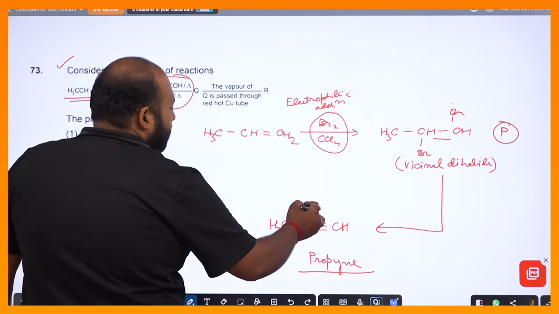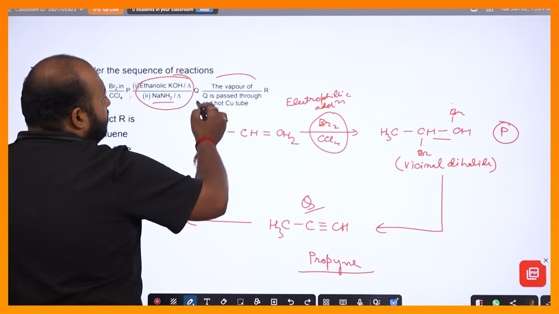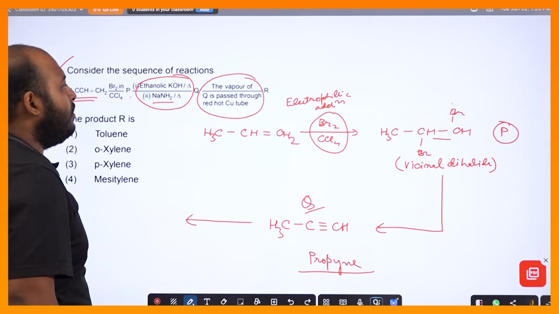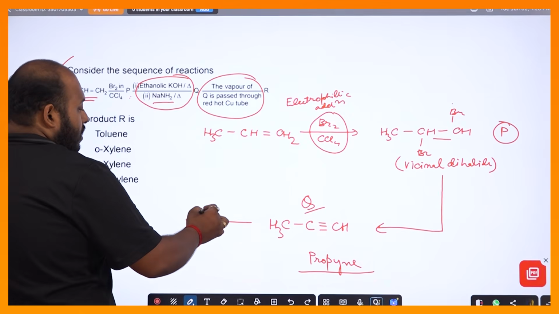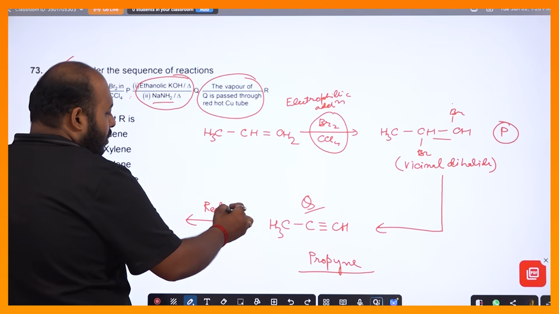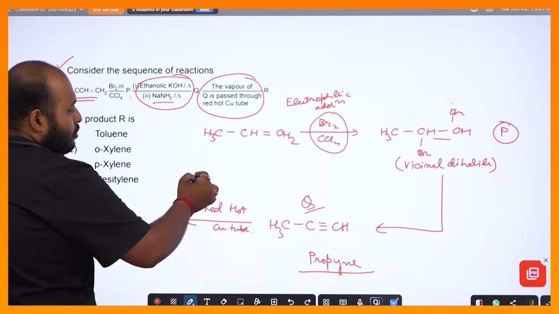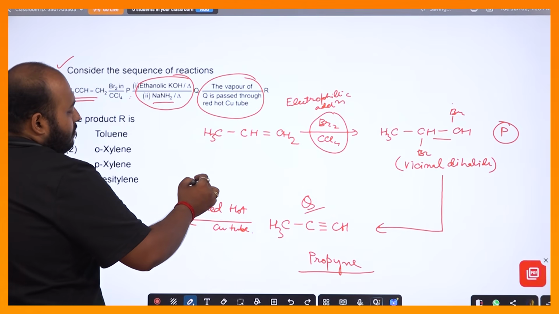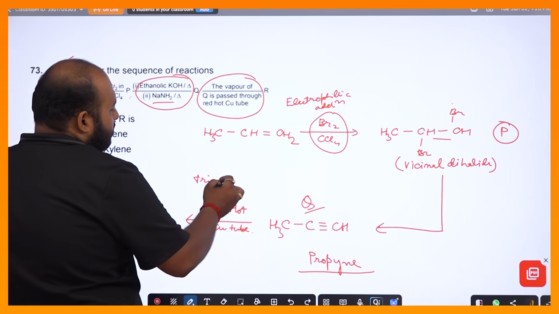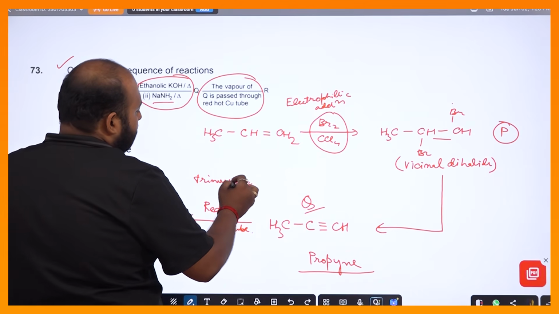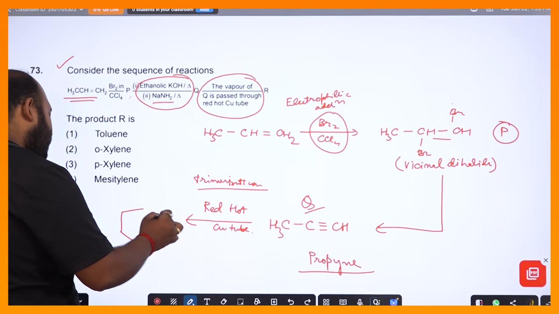This is our product Q. After that, the vapor of Q is passed through a red hot copper tube, which will show a reaction known as a trimerization reaction. It will form this product.